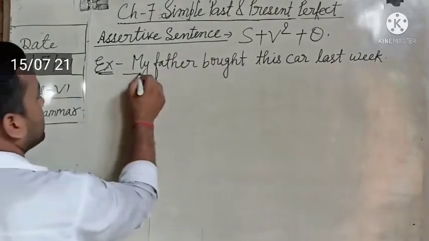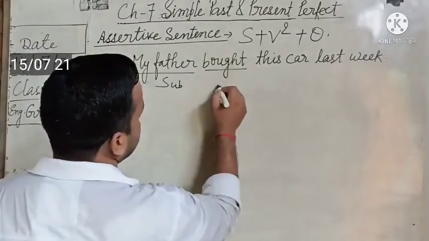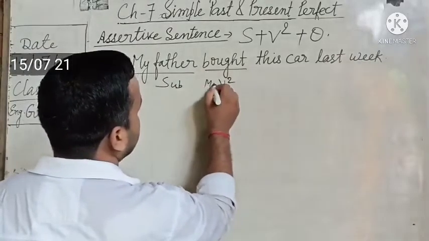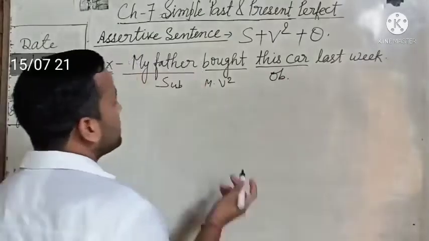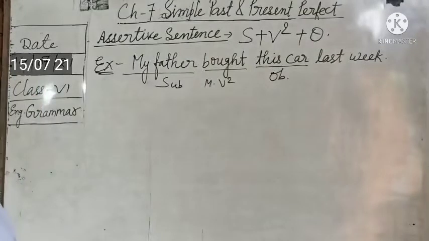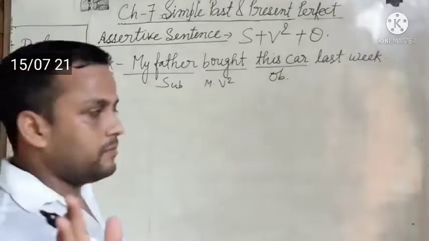My father is subject, bought is main verb second form, and this car is object. Students, the sentence is assertive, that's why we will use the second form of the main verb. Okay?